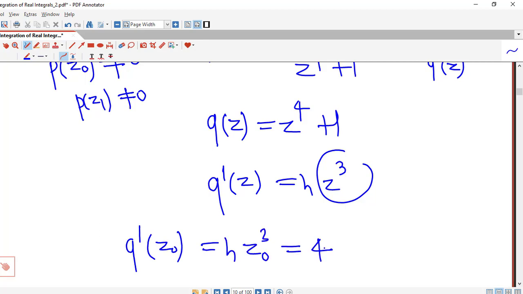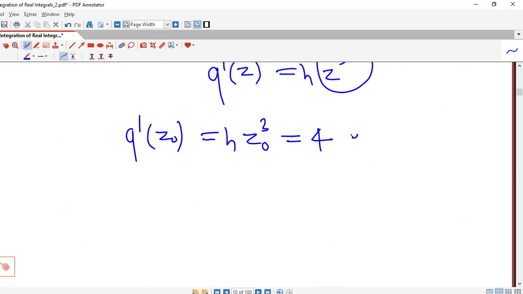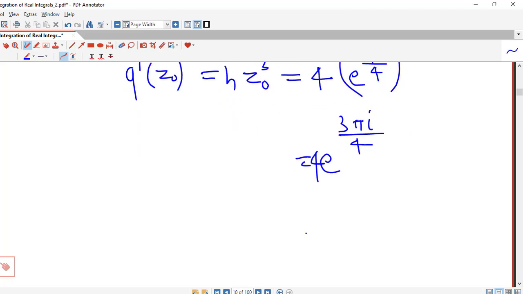Now z0 is nothing but e raised to pi i by 4, raised to 3. So that is going to be 4 times e raised to 3 pi i divided by 4. And if you simplify this, you will obtain that it is non-zero. 3 pi i by 4, that is pi minus pi by 4.